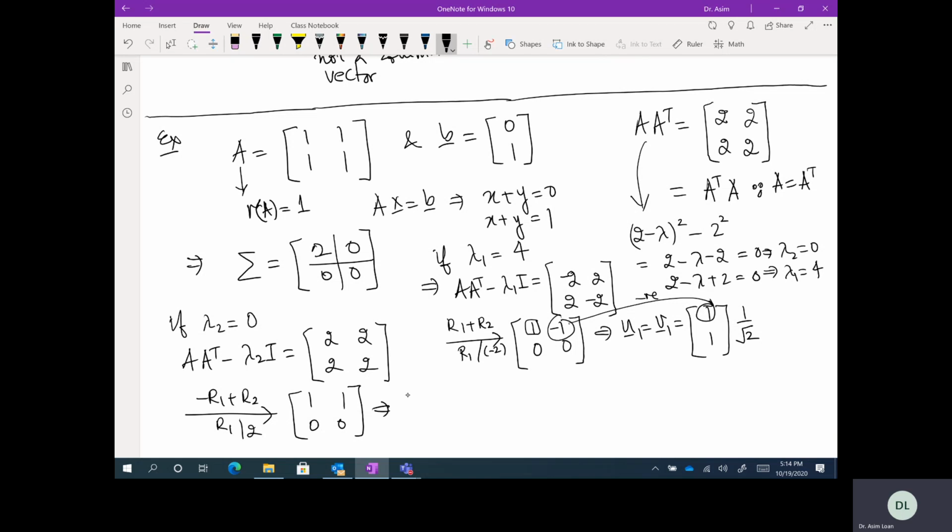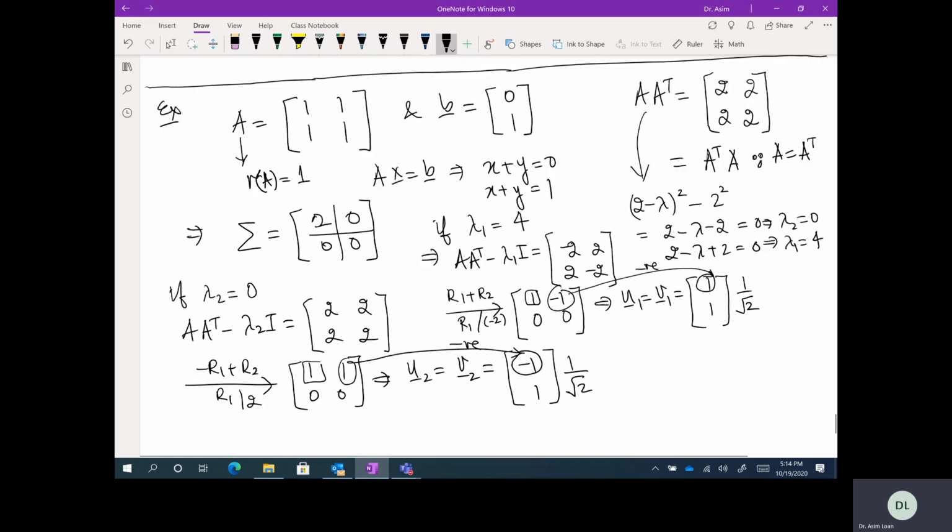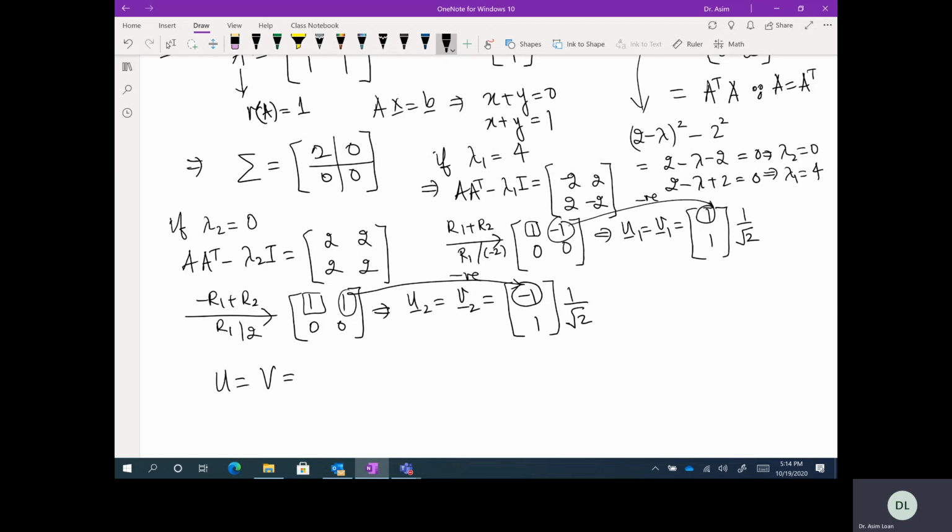So u2 equals v2, and this is a pivot, so I have minus 1, 1, where this one goes here as negative, and this is 1 over root 2. So my U equals V equals 1 over root 2, 1 over root 2, minus 1 over root 2, 1 over root 2. Obviously these are orthonormal: they are normalized to 1, and they are also orthogonal.